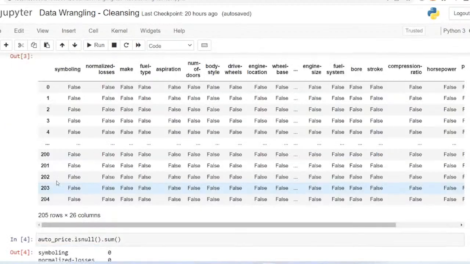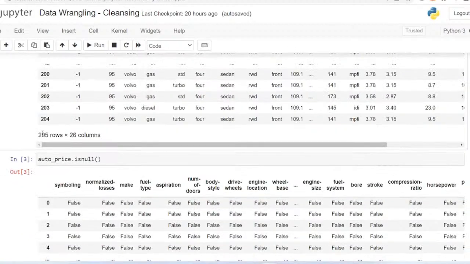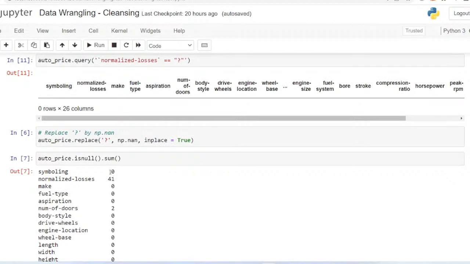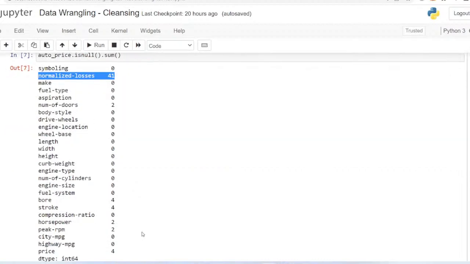But when you have just 205 rows and you are losing 41 rows because you simply dropped those rows, then there is an issue here. We cannot drop this many records, because it will not only affect this particular row, but other rows will also be affected.